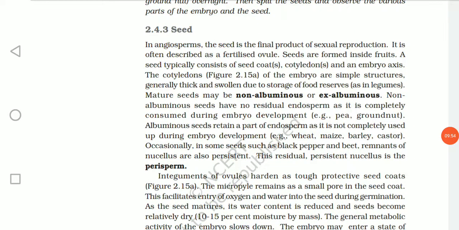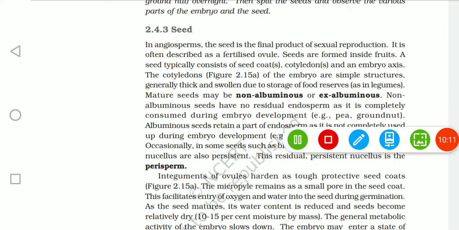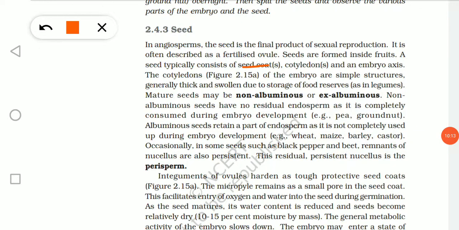In angiosperms, the seed is the final product of sexual reproduction. Herein the seeds are formed inside the fruit. A seed typically consists of the seed coat, cotyledons and embryo axis.